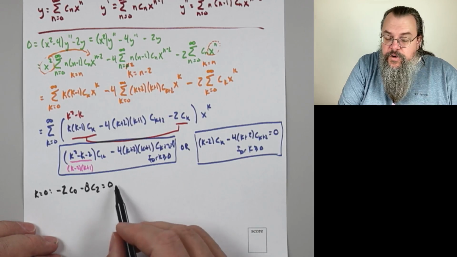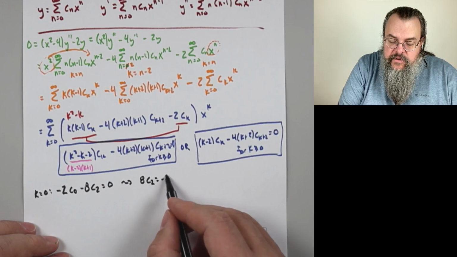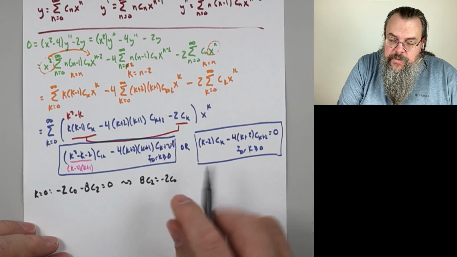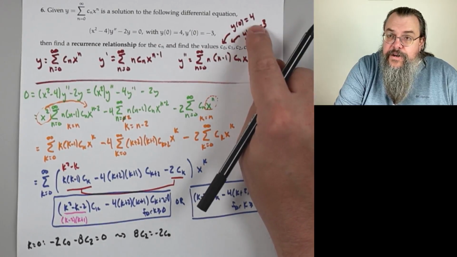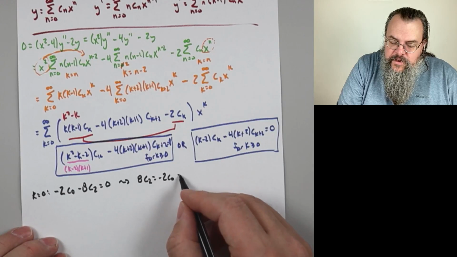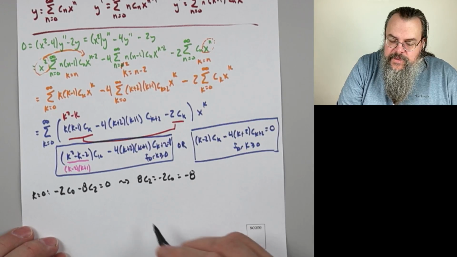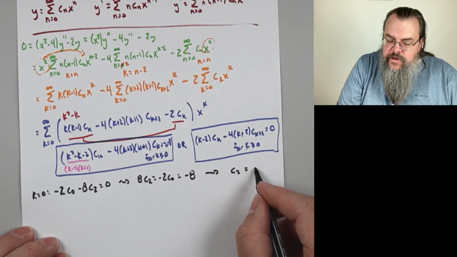Well, you can move it across, and that says 8 C2 is minus 2 C0, but C0, we know, is 4. So we get 8 C2 is negative 8, or that tells us C2 is negative 1.